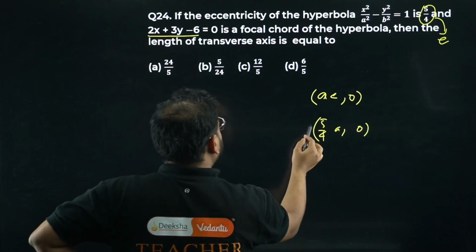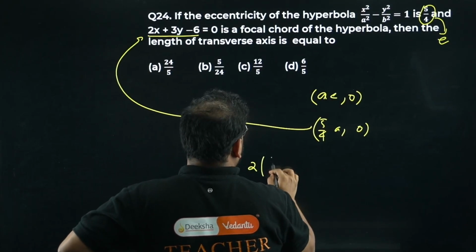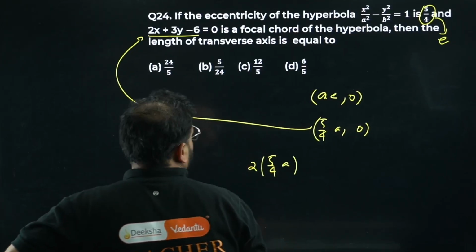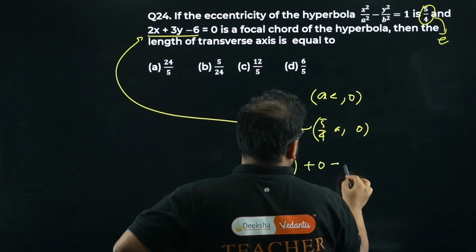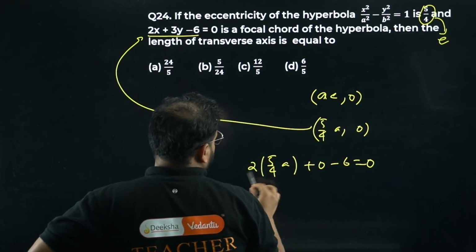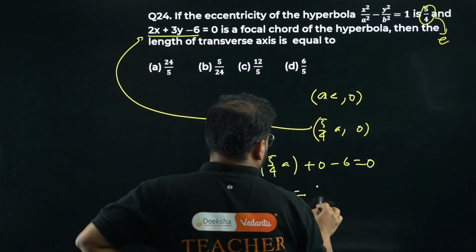So we'll put this value in. I'll have 2 times 5 by 4 A plus 0 minus 6 equals 0, because this is 0. What I get is 10 by 4 A, and over here I have 6.